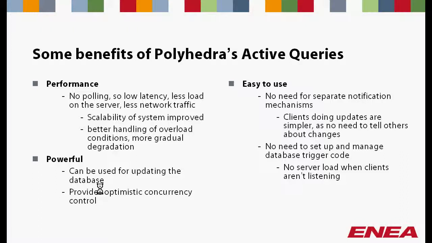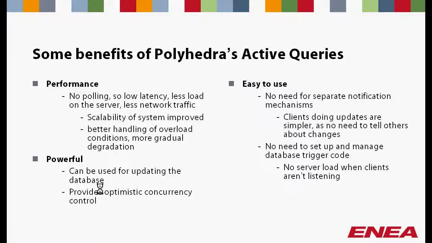I haven't mentioned in this part of the talk, but it's also possible to use active queries for pushing in updates with an optimistic concurrency control mechanism, so active queries are very powerful. What I have shown in this part of the webcast, though, is that active queries are very easy to use.